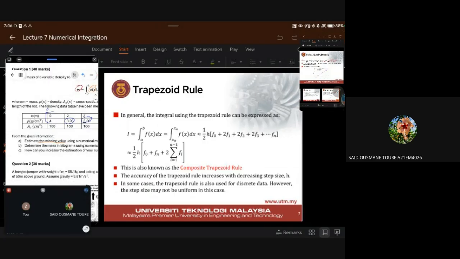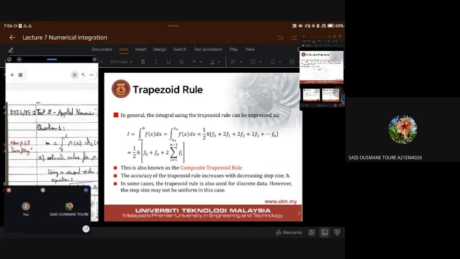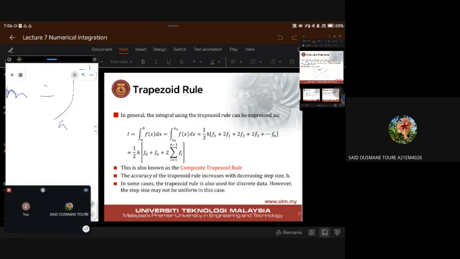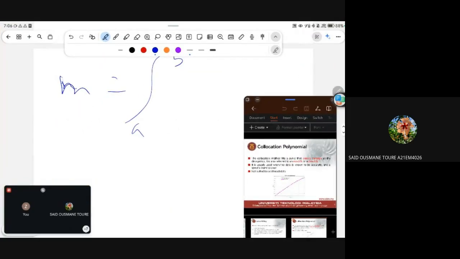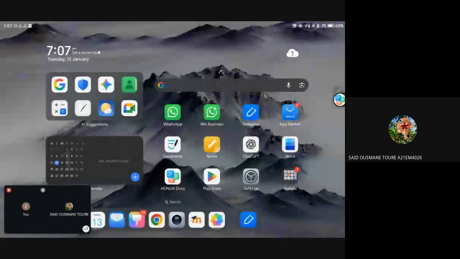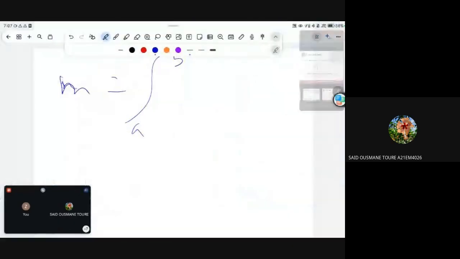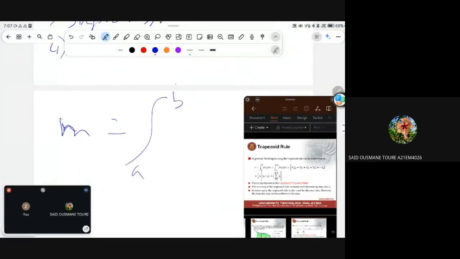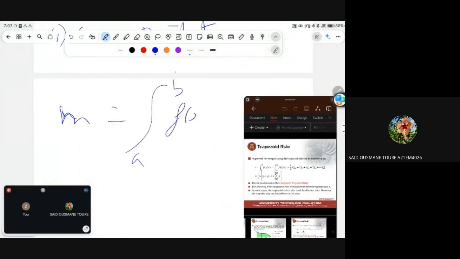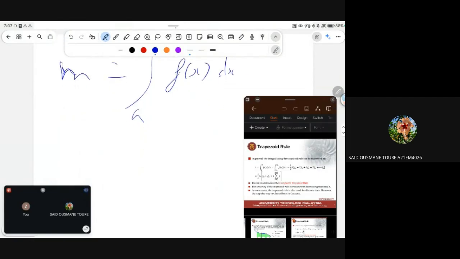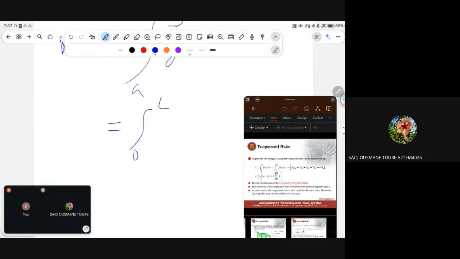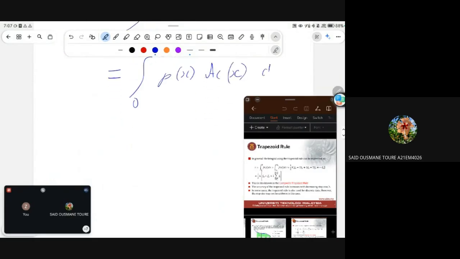Understand? Now, the most important part, once again, is this I, the integral of f of x dx, equals the integral from 0 to L of rho x times ac of x dx.